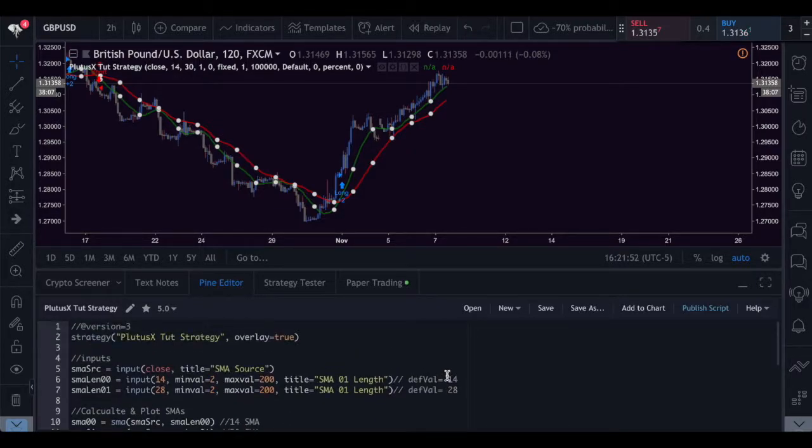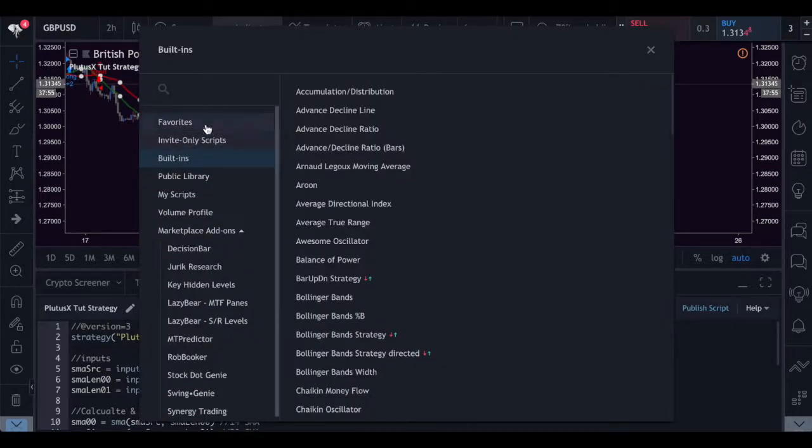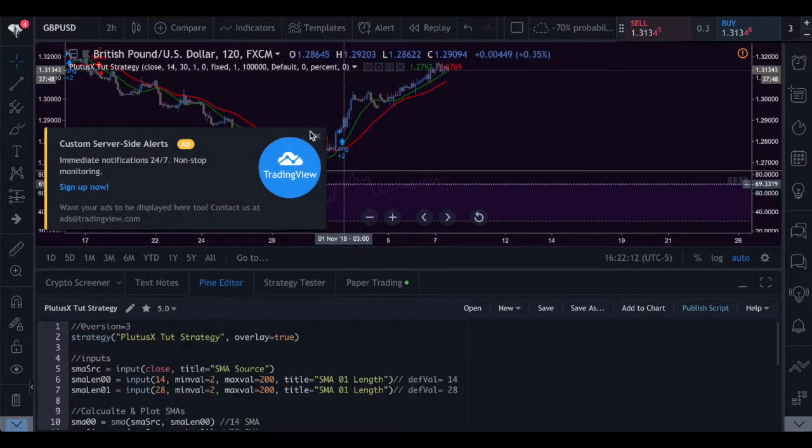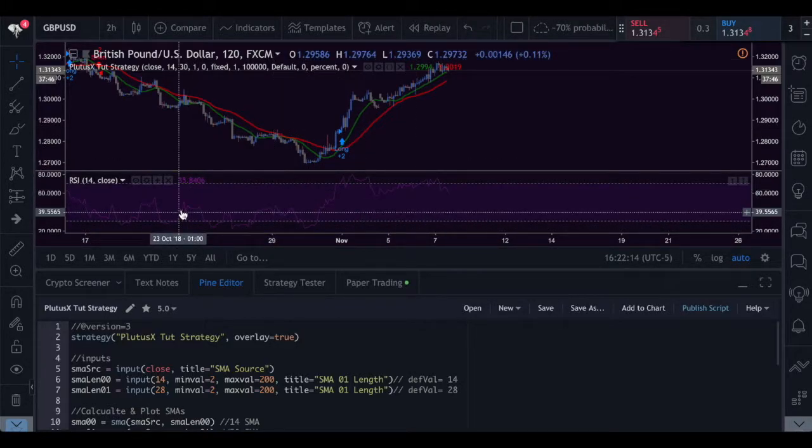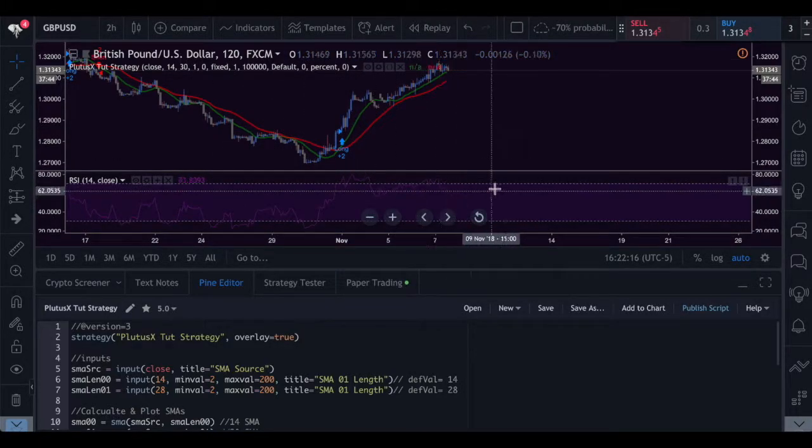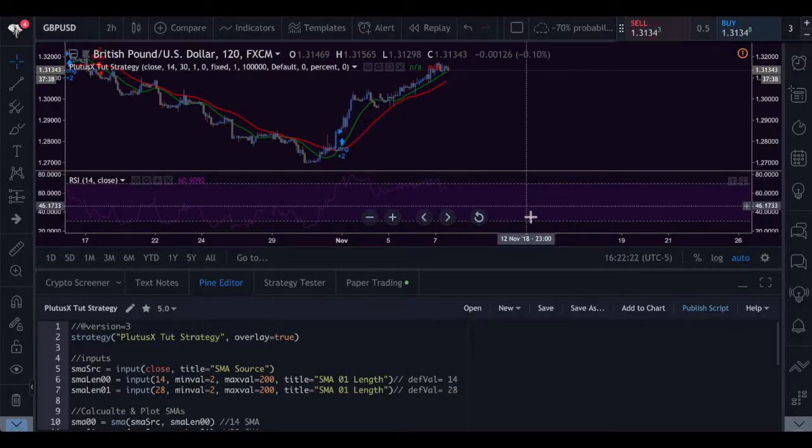RSIs are just the relative strength index of whatever instrument is being traded. And it goes with a range of, here, I'll just show you. So perfect. We can see here that this is the relative strength index, and we have two thresholds of significance. So we have the 70% and then we have the 30%.